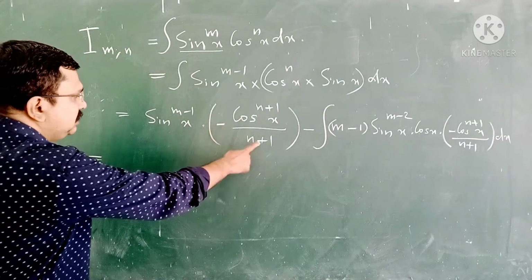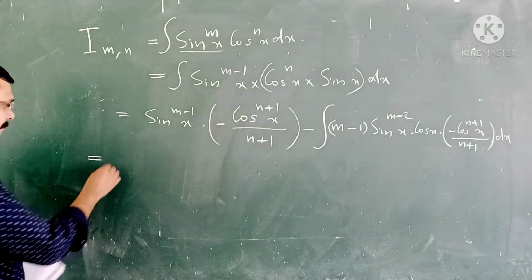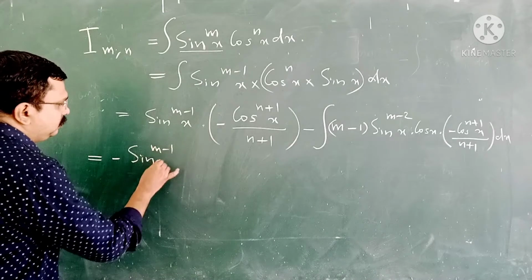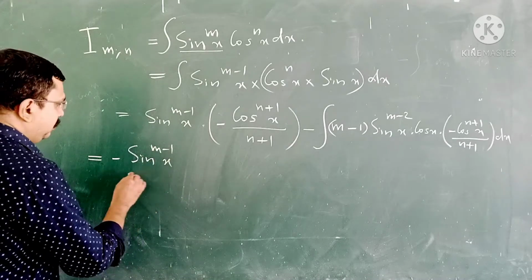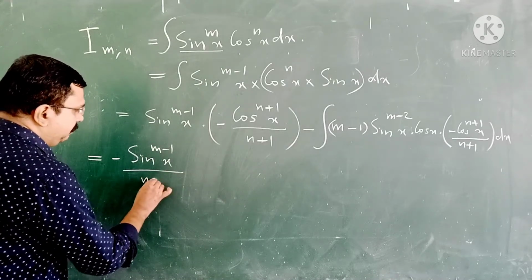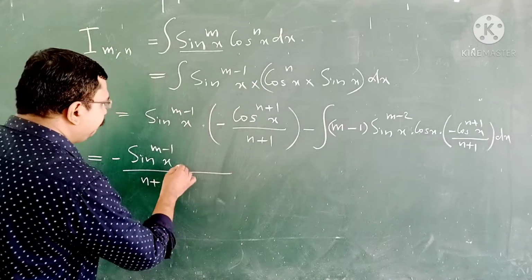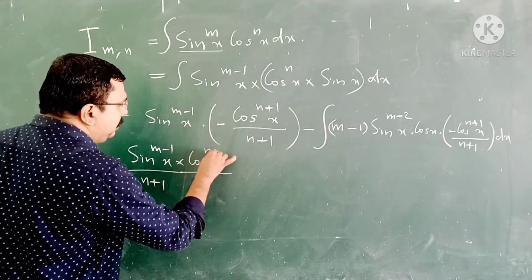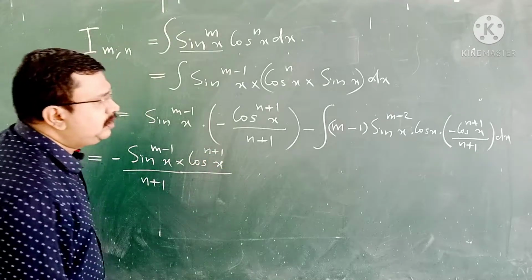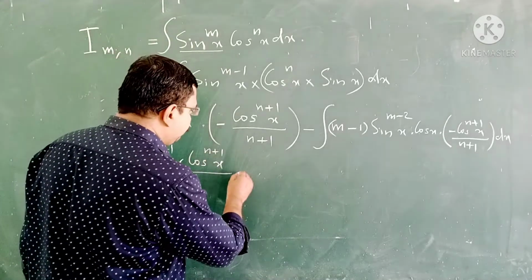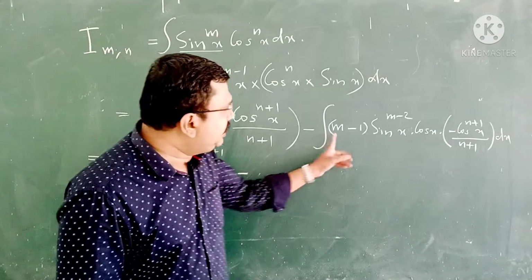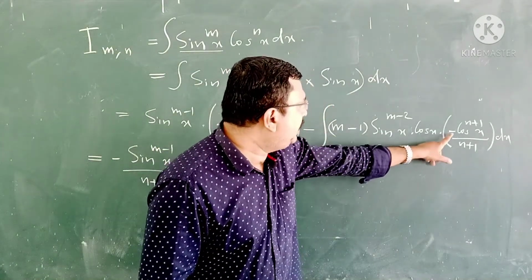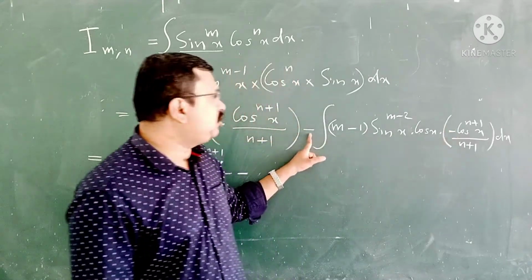That is equal to, here is a minus, n plus 1, that is minus sin^(m-1) x divided by n plus 1 into cos^(n+1) x, minus, here is m minus 1, here is n plus 1, and here is a minus, here is also a minus.